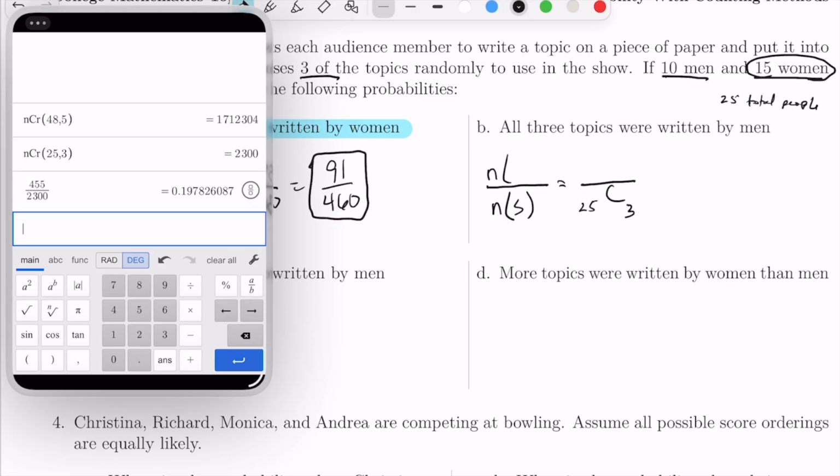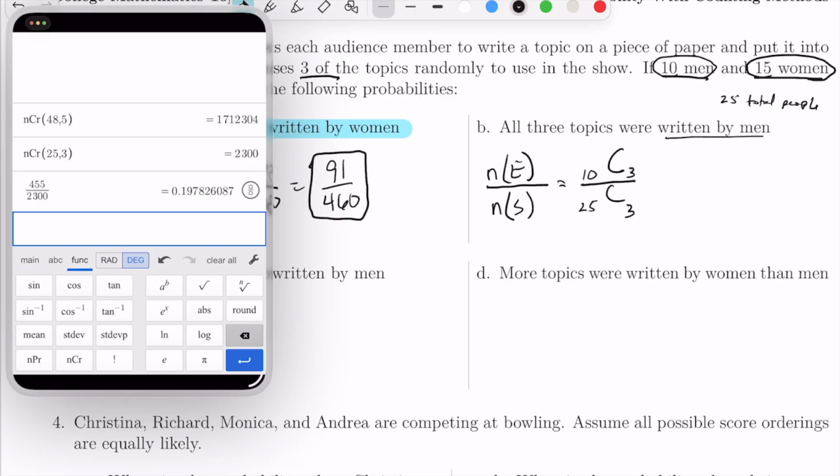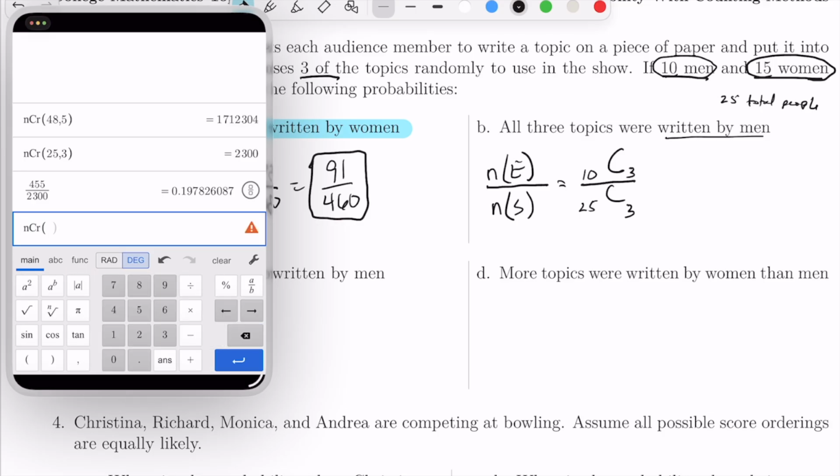The number of items in our event this time is going to be all 3 topics written by men. You can see that we have 10 men to choose from, so this will be 10C3. That's going to be our numerator. That's 120.